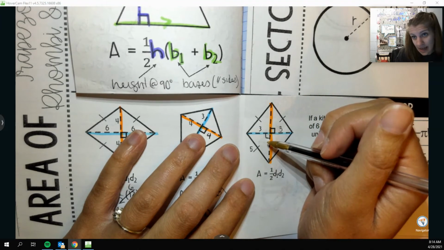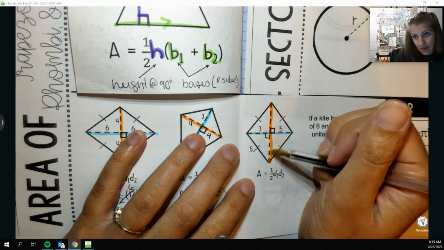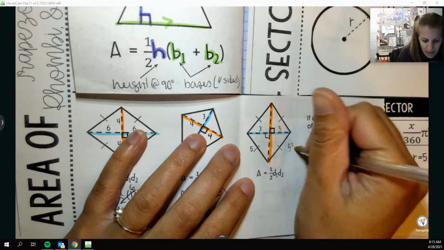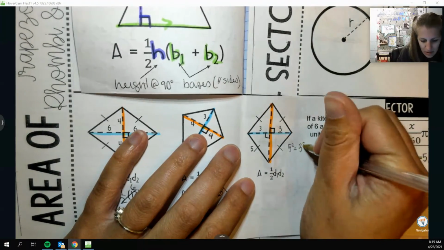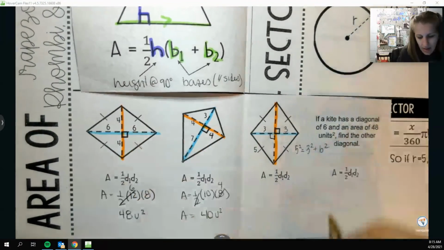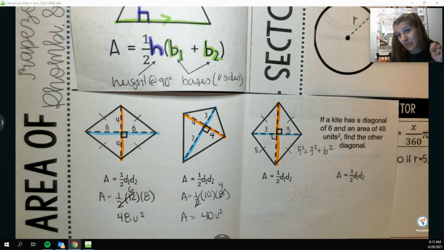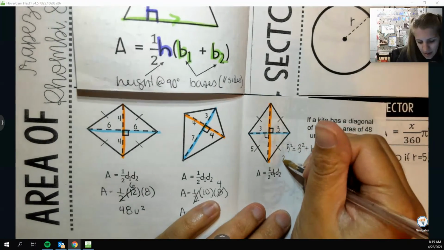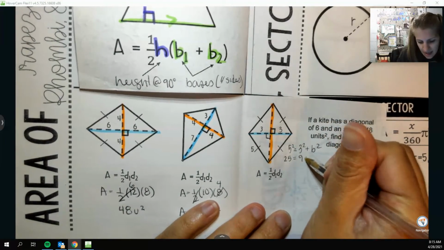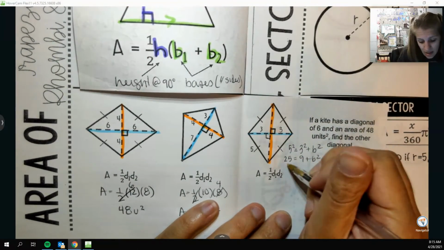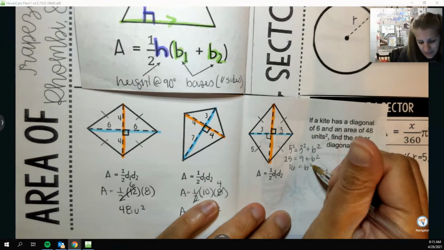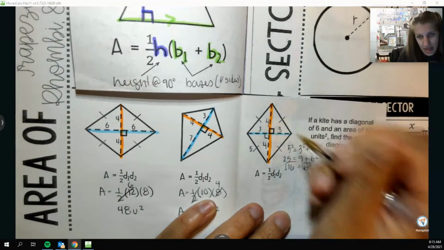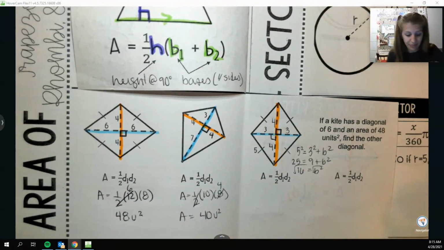So you can use the Pythagorean theorem to find the length of the missing side. My hypotenuse is 5, so I'm doing 5 squared equals 3 squared plus I don't know squared, which 5 and 3 are part of a Pythagorean triple. I already know that this is going to be 4, but you get 25 equals 9 plus b squared, and then subtract for 16, and then square root it. So this is 4, and so is the other one, again, because it's bisected.